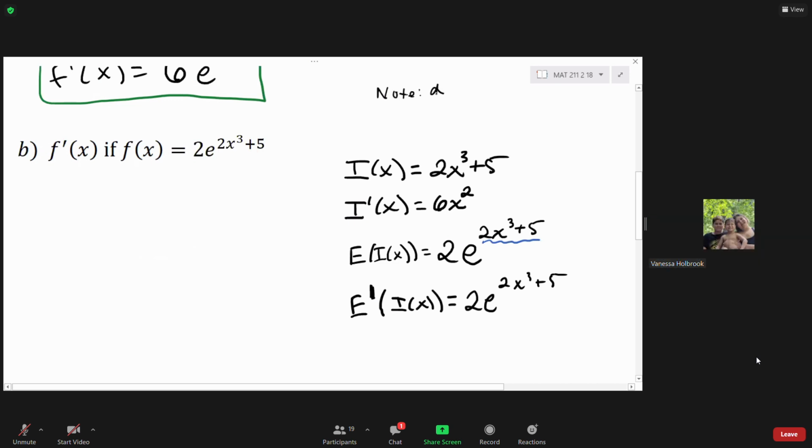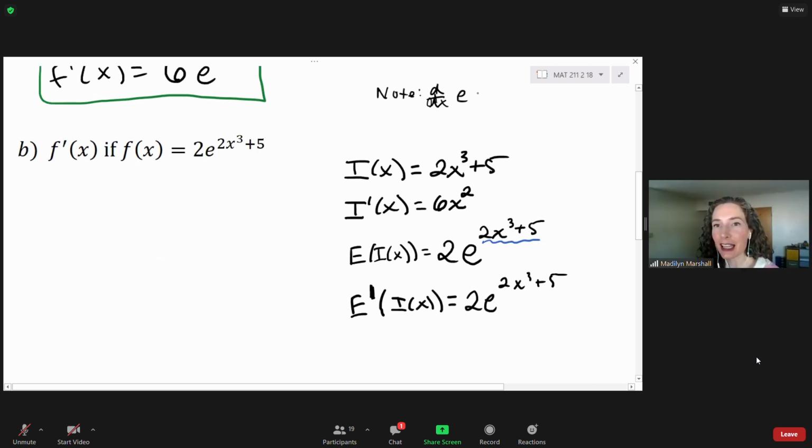Yes, because of our rule. The derivative of e to the x is e to the x, or e to whatever. So that's why on these specifically, the derivative of the exterior is staying the same as the original exterior function.